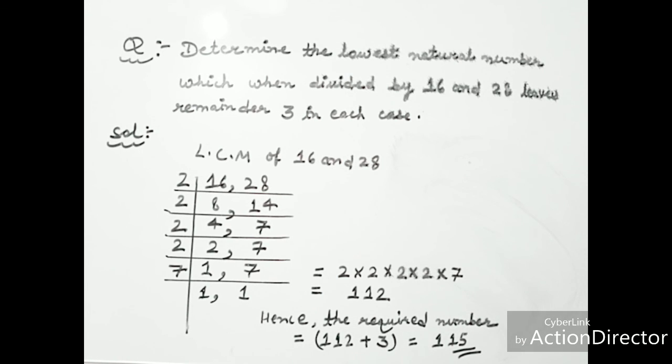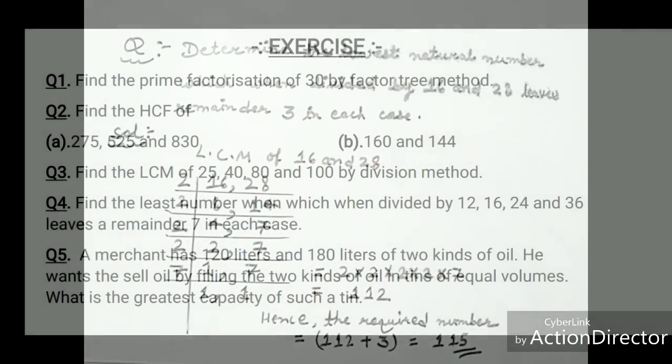So if we divide 115 by 16 and 28, both numbers leave remainder 3.